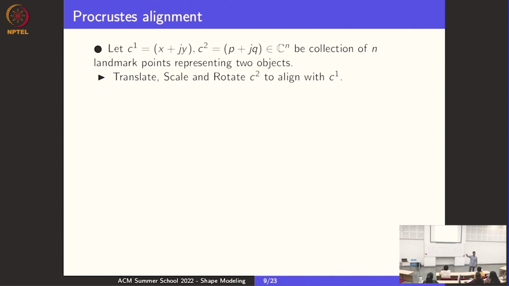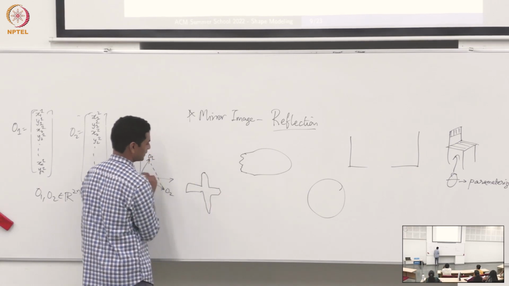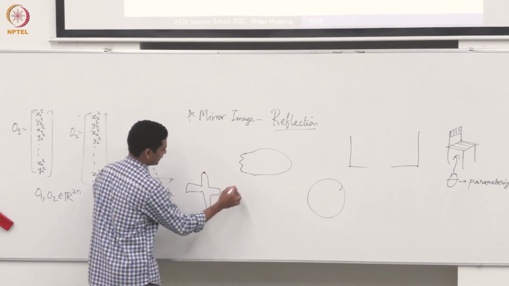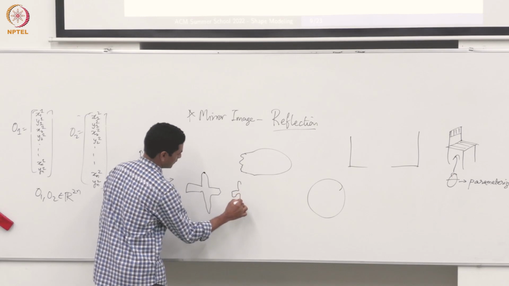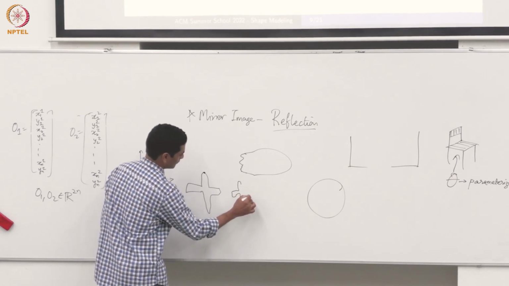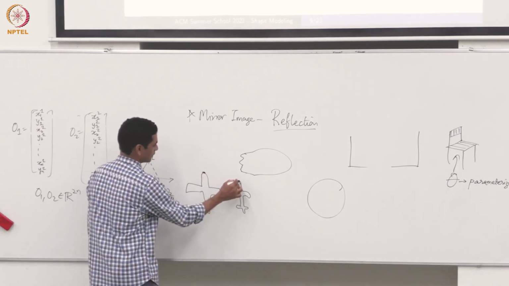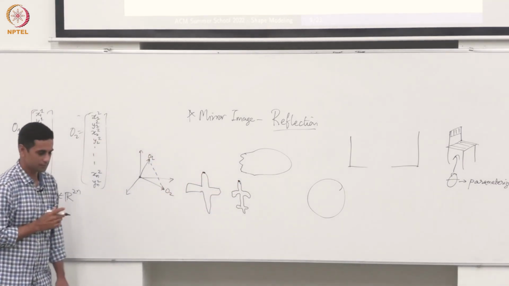But with one point, how will you find the rotation? So again, imagine this is some aircraft. This is one point. This is the other aircraft.